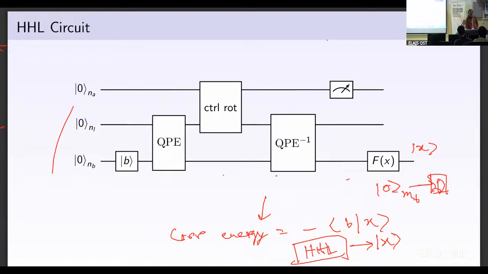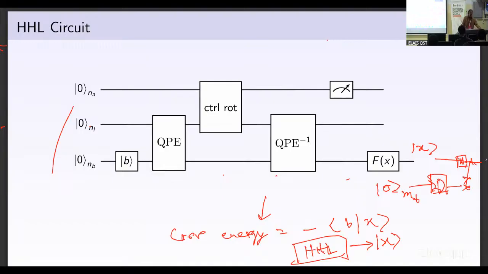So from this line, we have X. From here, we have B loaded. We apply the swap, say I'm calling it Hadamard XX Hadamard. And for getting the correlation energy, we will need another additional set of registers.